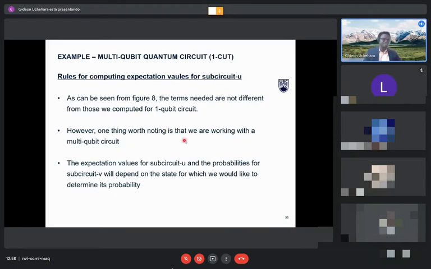However, one thing worth noting is that we are working with multiple qubits. Apart from the cut qubit, there are also uncut qubits that we need to account for. So the expectation value for subcircuit U and the probabilities for subcircuit V will depend on the state for which we would like to determine its probability.